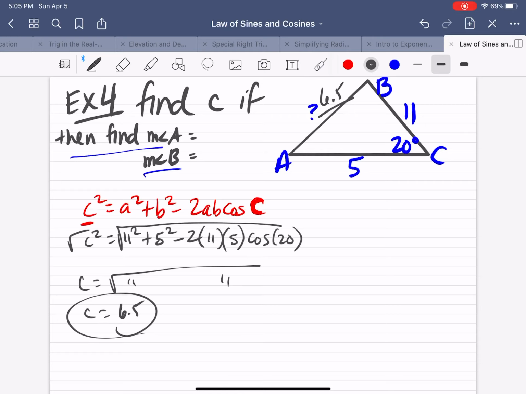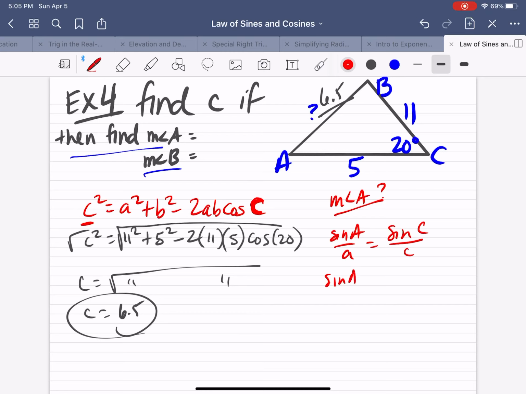Now let's use the law of sines, now that we have enough information. To make it easier, let's do law of sines to solve for the measure of angle A. To find the measure of angle A, we're going to use sine C over side C since we know what angle C is. Let's plug in the given.